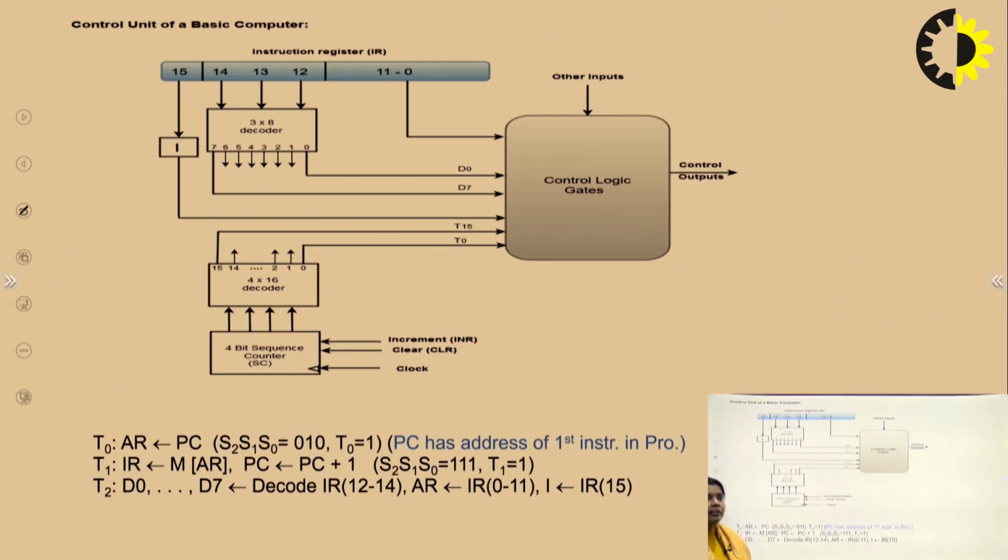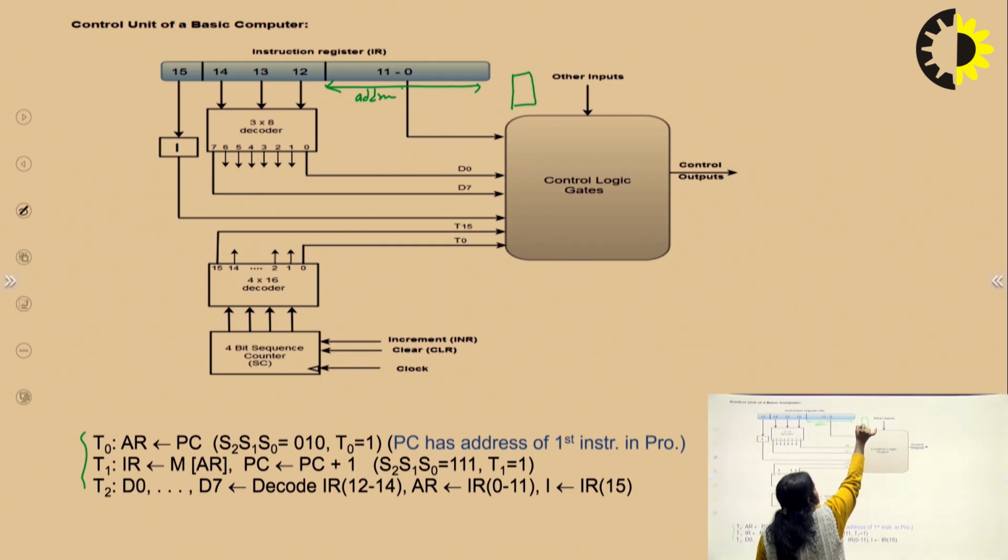So, here now, you can easily understand T0, T1, T2. IR 0 to 11 is the address, and how does this address come? Because there is a memory, and while fetching your instruction, fetch the instruction and then read the instruction.